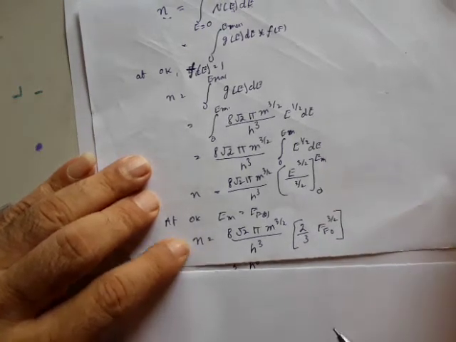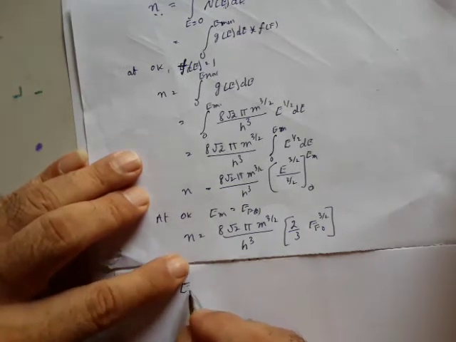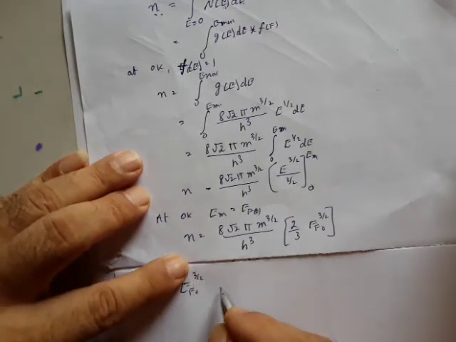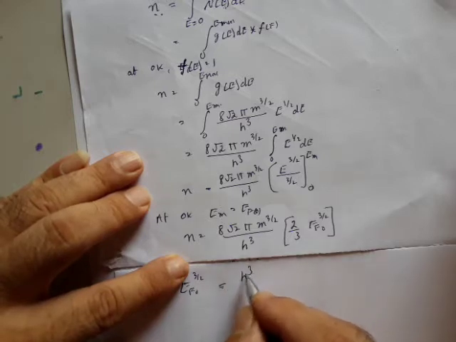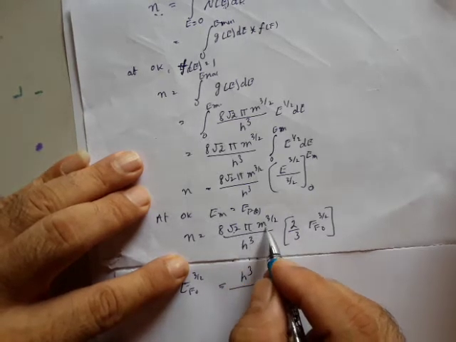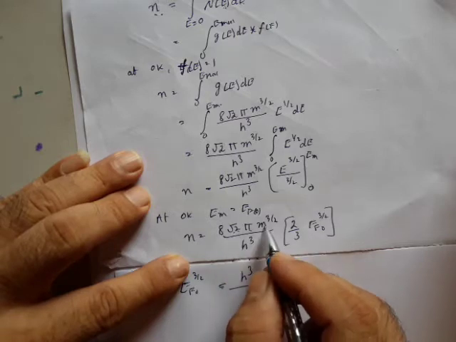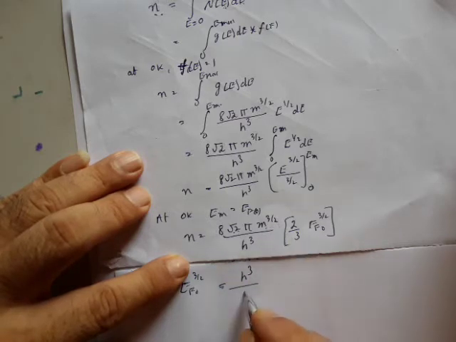Or you can rewrite the expression for E f naught to the power 3 by 2, which is equal to h cube divided by 8 root 2 pi m to the power 3 by 2. I can write 8 root 2 into m to the power 3 by 2 together as 8m to the power 3 by 2.